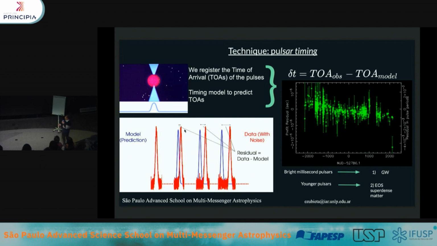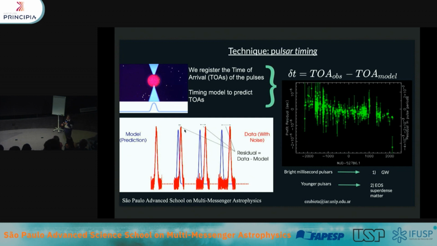So then we calculate the residuals, which are the difference between the predicted time of arrivals and the observed time of arrivals. And if our model is accurate, residuals should be clustered around 0.